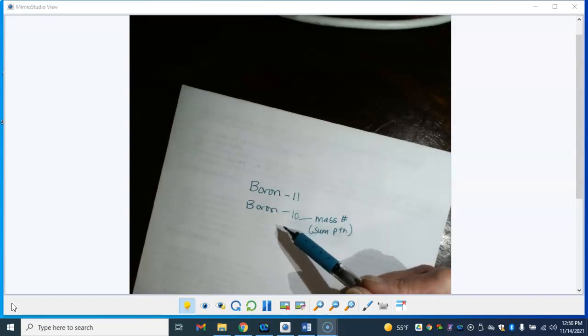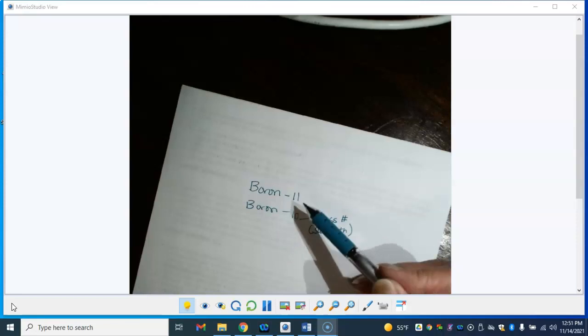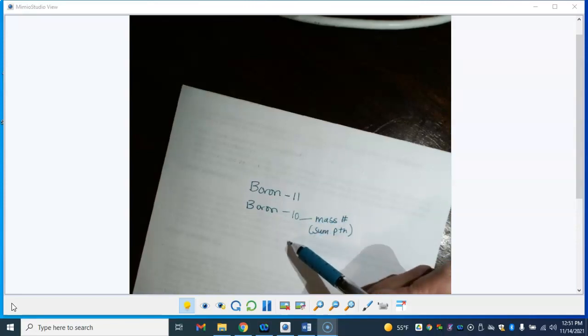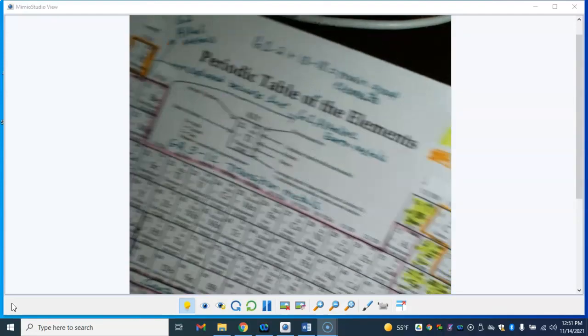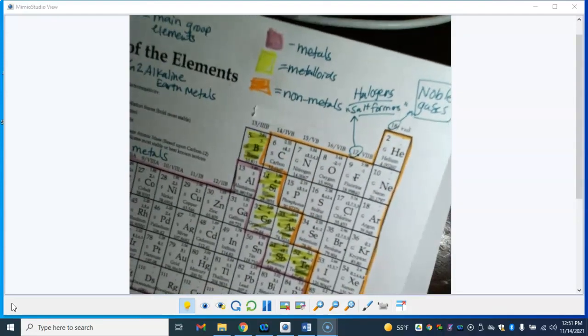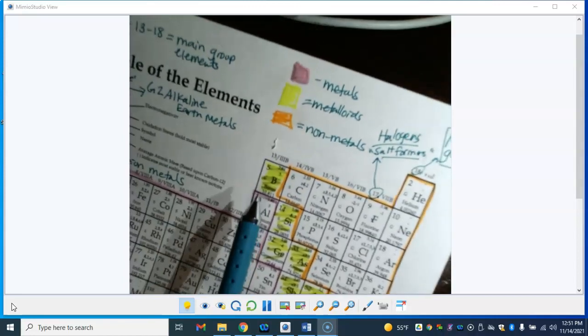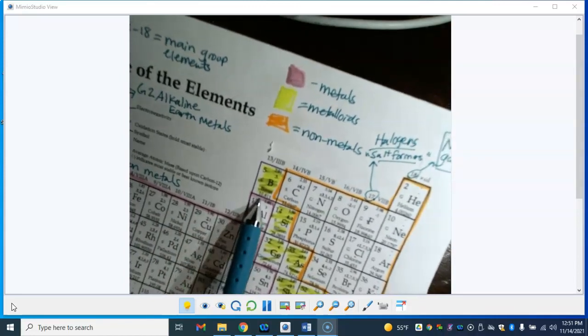How this links up to what we talked about on the periodic table is this. Whichever isotope is most abundant in nature, as in you find it most often in nature, is the one found on the periodic table of elements. If I look over here, I find boron, and I look at the atomic weight.